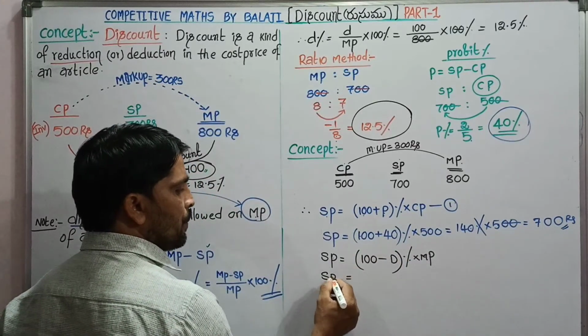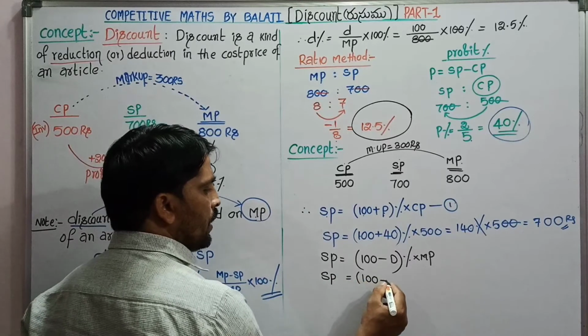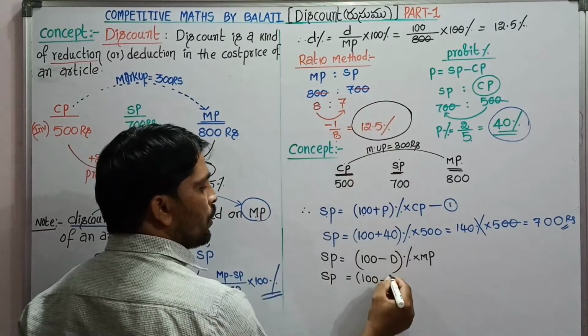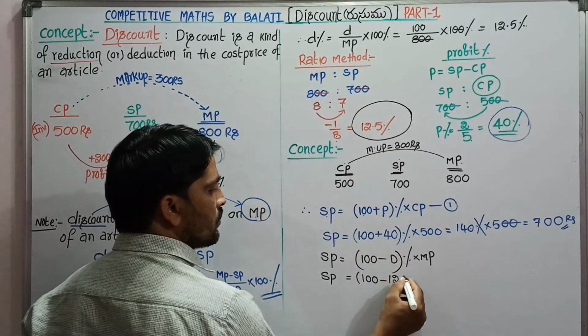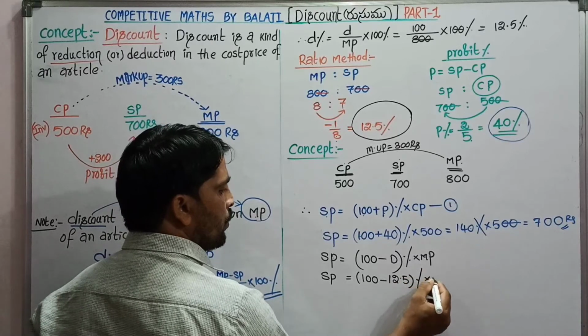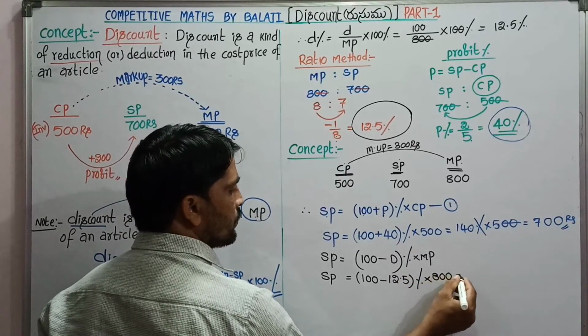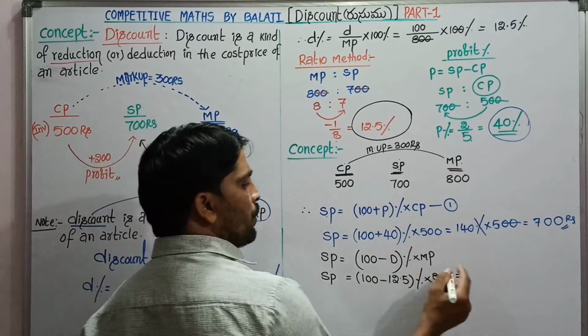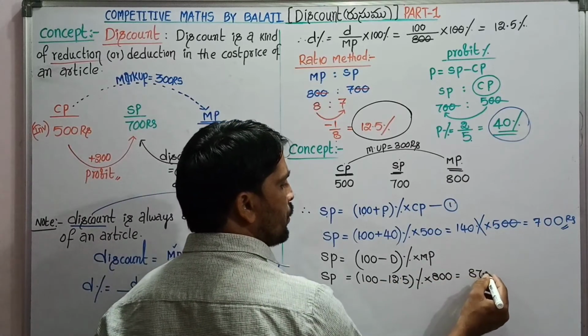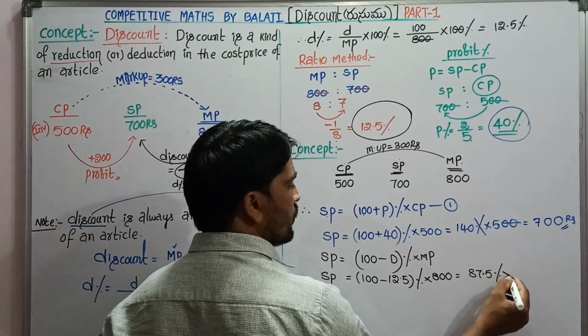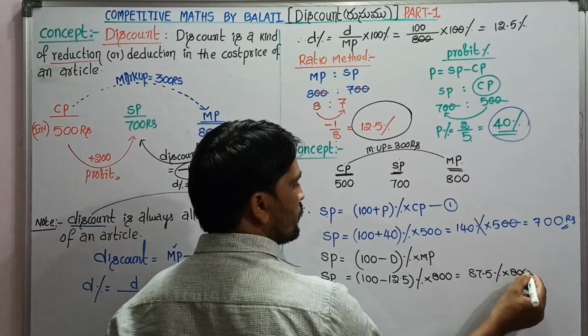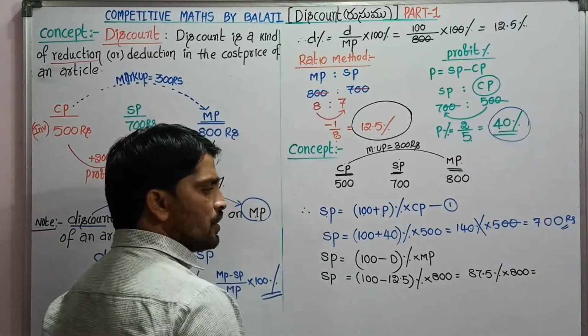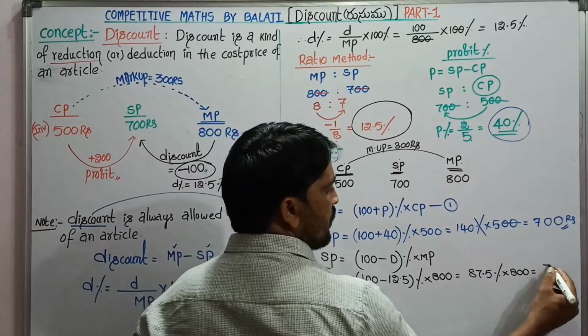That is, selling price equals 100 minus discount, which is 12.5%, into market price, which is 800. 100 minus 12.5 is 87.5% of 800, which is equal to 7 by 8.